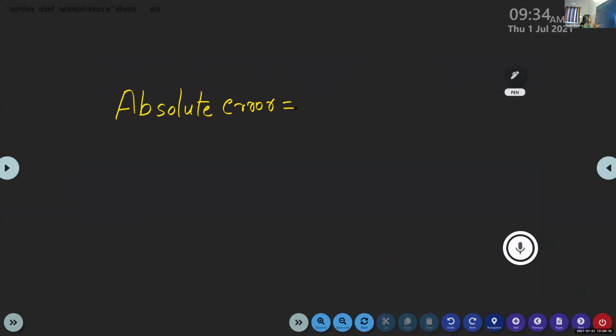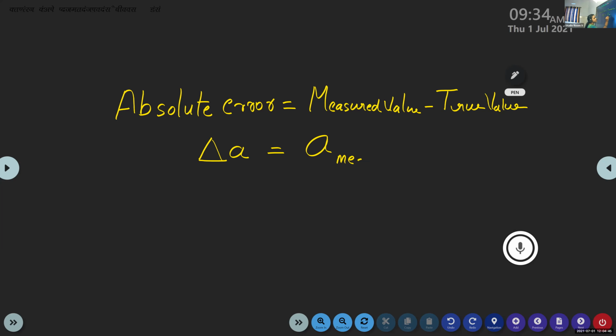Or in general, we can say absolute error is equal to measured value minus true value, right? It is the difference between the measured value and the true value, known as our absolute error. We represent this absolute error by delta A. Delta A is equal to A measured minus A true value. This is the equation for calculating the absolute error.